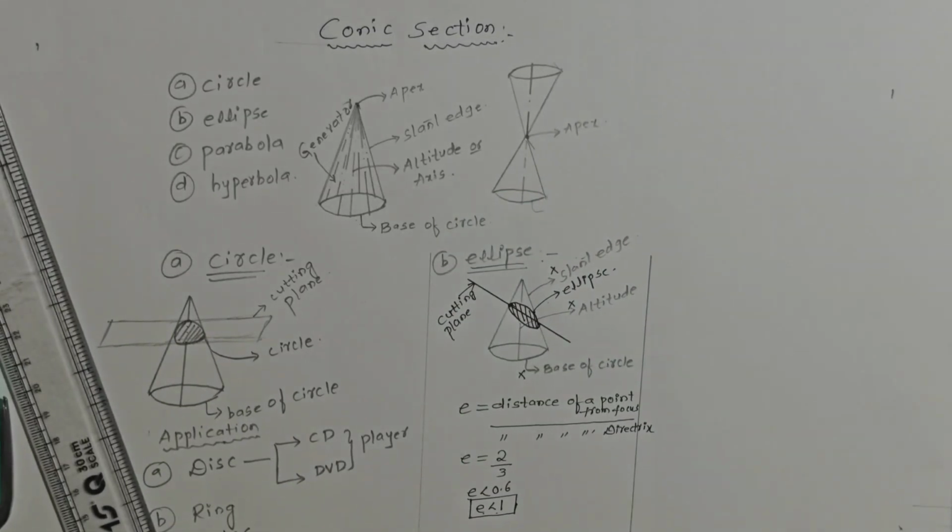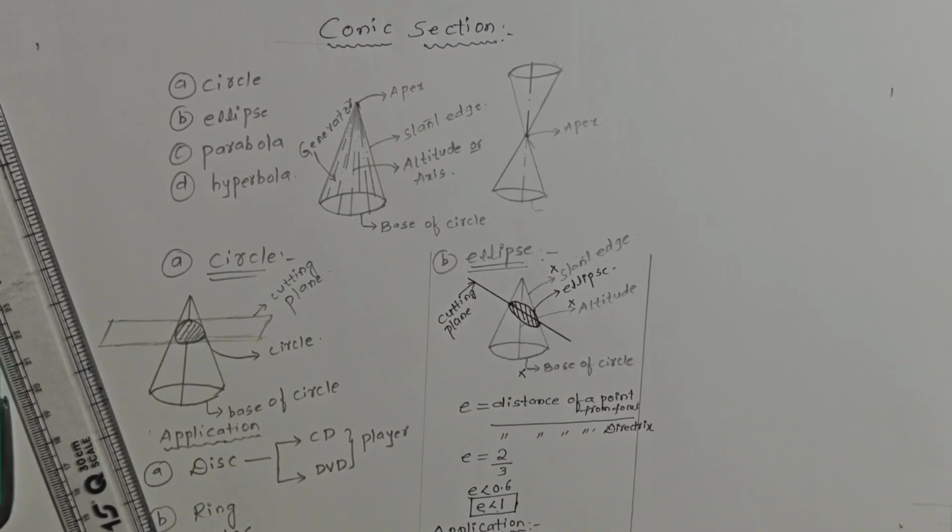Clear? Again, one more question will be asked. What is the application of an ellipse? Okay, let us see. So we know very well there are different applications of ellipse. For example, the first one is astronomy. In astronomy, we can say that all planets move around the sun in an elliptical orbit.